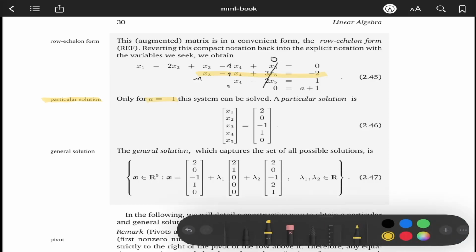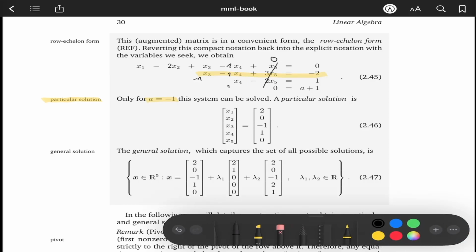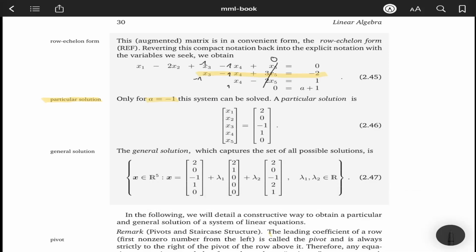So that's why they say x3 is -1. Now you have x1 and x2 left. This is the equation you have in the end. x1 minus 2x2 minus 2 equals 2. So you have something like this.